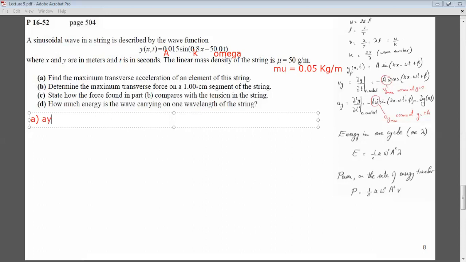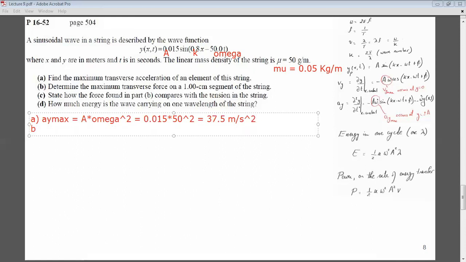The maximum a_y is A, the amplitude, times omega squared, which is 0.015 times 50 squared, and this gives you 37.5 meters per second squared.